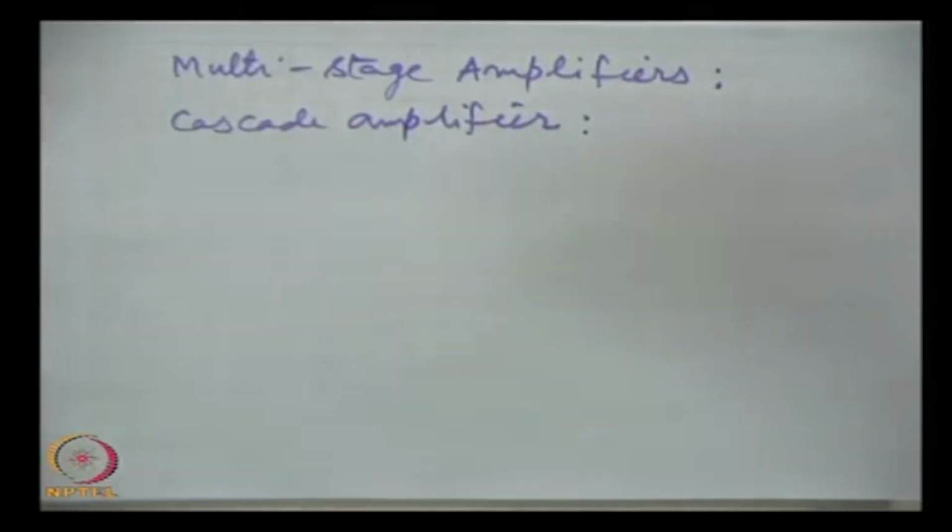So a multi-stage or cascade amplifier we have when more than one amplifying circuit is connected. Like we take for simplicity a two-stage amplifier, and we talk about the salient features of this. Here there are two amplifiers.